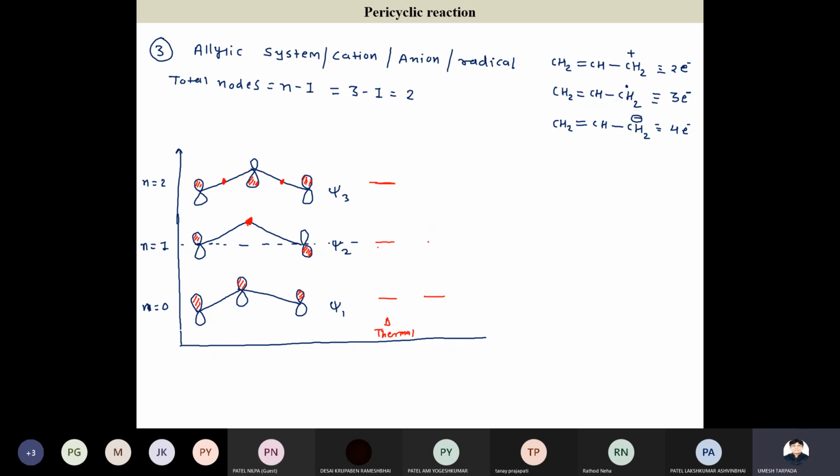Now if you draw the diagram for the allylic cation, suppose your system is the allylic cation. How many electrons are there?